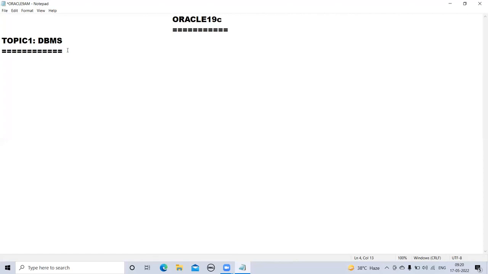The first term is a very common term that everyone calls: what is data? The next term we should know is what is information. And the next one is what is a database.